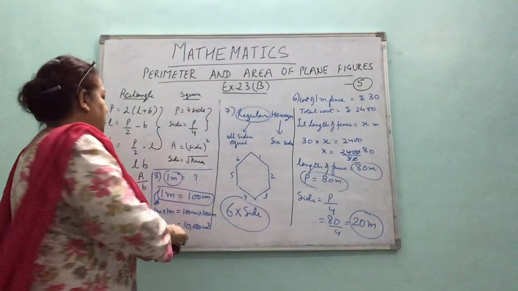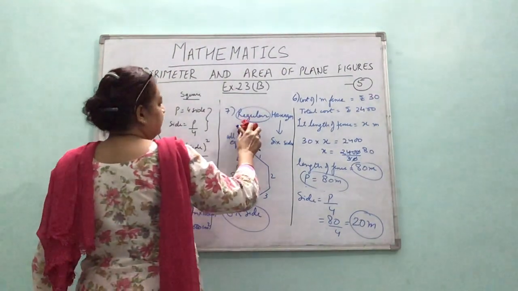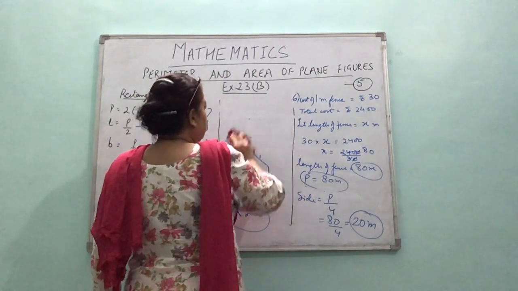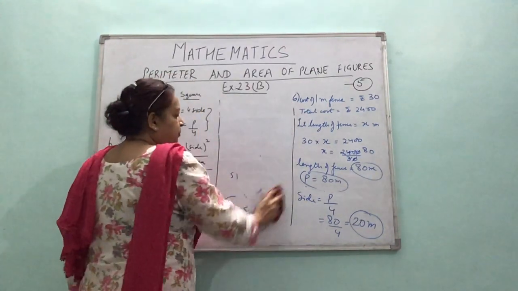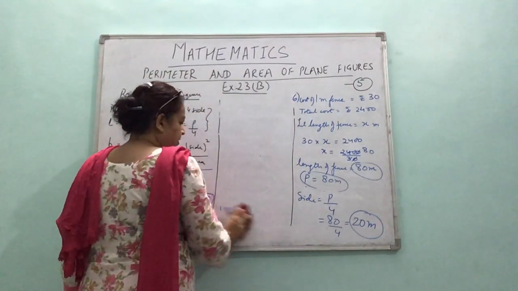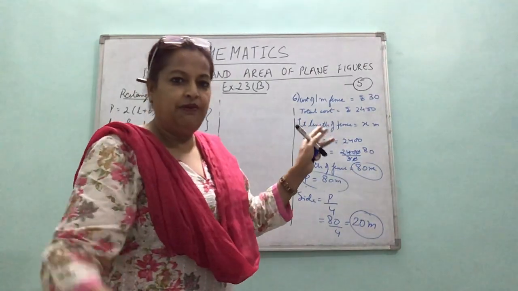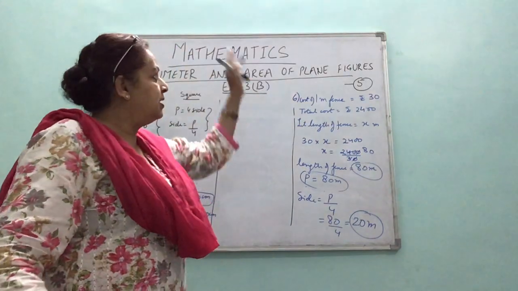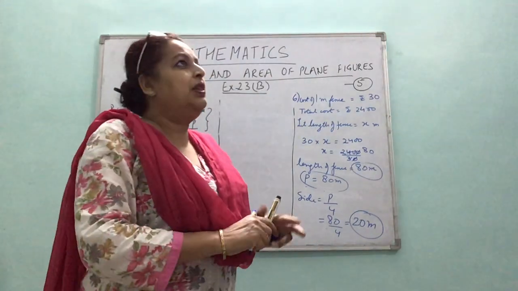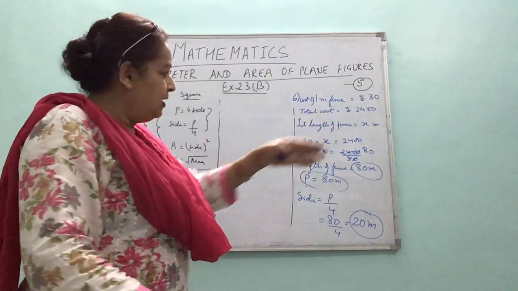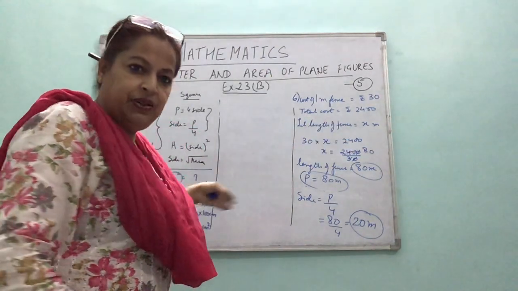Question number 10. Room. Now this is a room where you are seated and this is a room where I am conducting the class. Right, this is one of the walls of the room. Now the longer side is the length and the shorter side of the room is the width of the room.